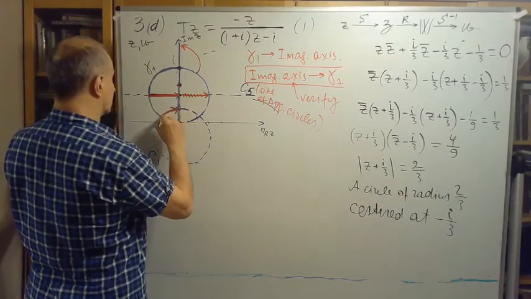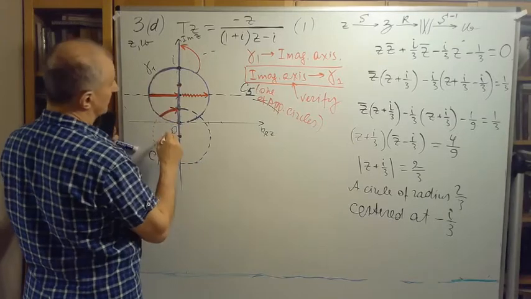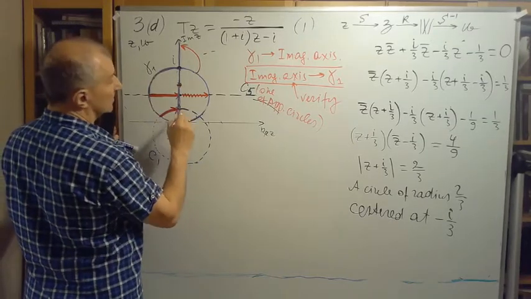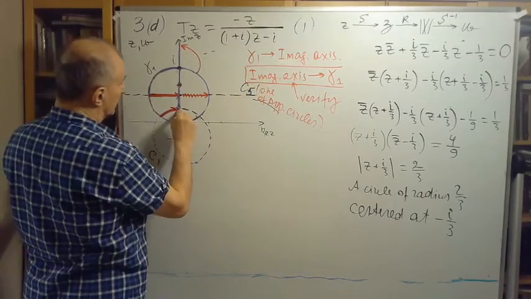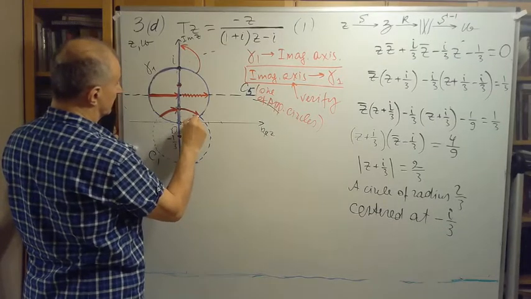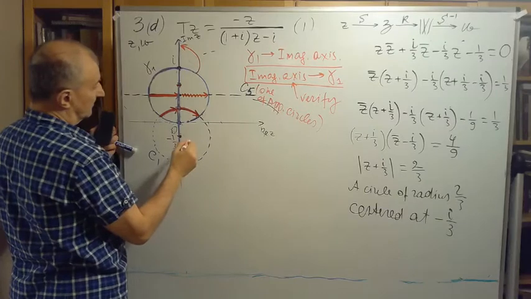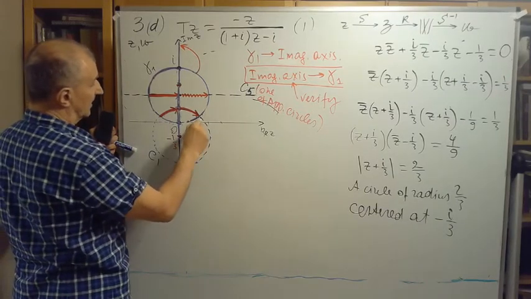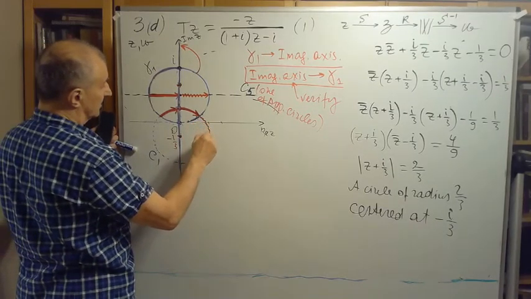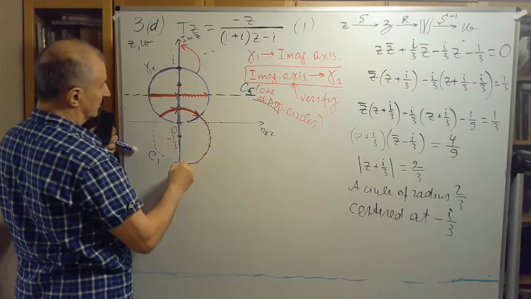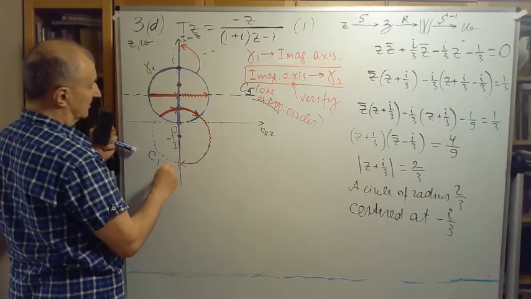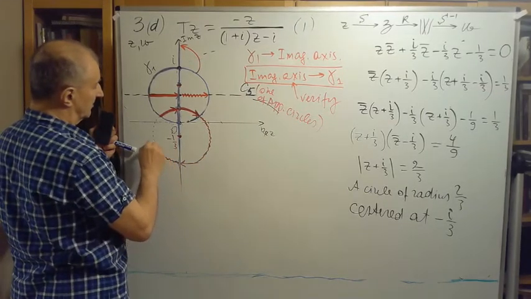That's how it goes. For imaginary axis, we didn't check it, but I asked you to calculate. And this is how it goes. What else? From gamma 1 to imaginary axis. That's how it goes. And that's how it goes from here.